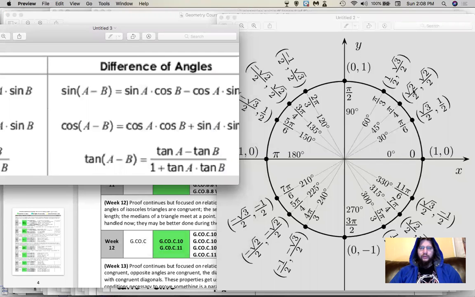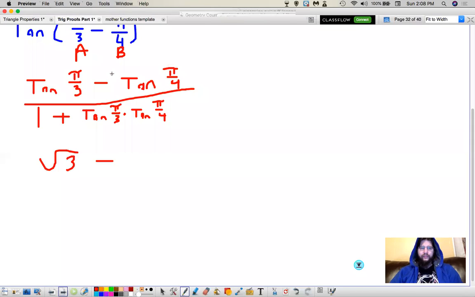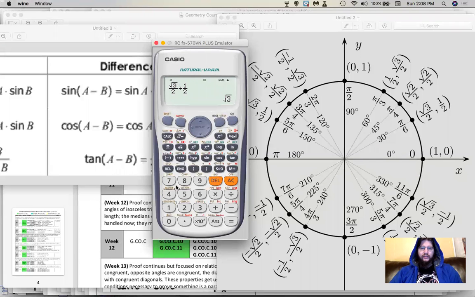Tangent of pi over 4. Well, it's the same thing divided by itself, right? So that's just going to be 1. Square root of 2 over 2 divided by square root of 2 over 2. Over 2 is 1.